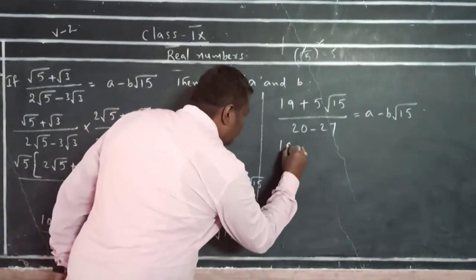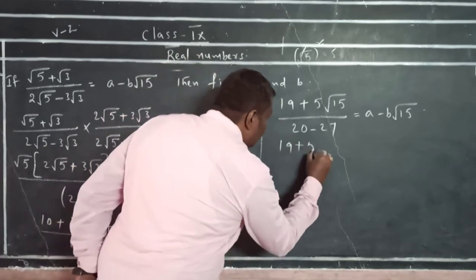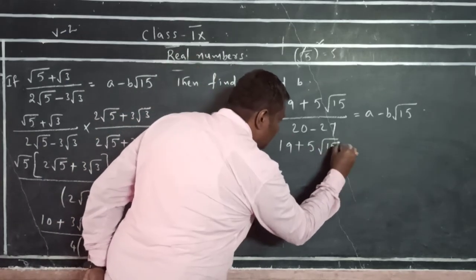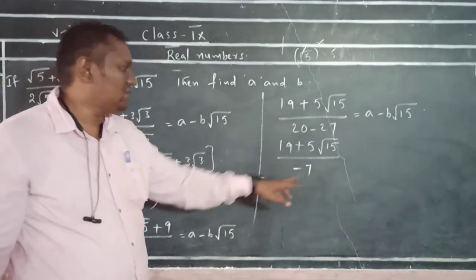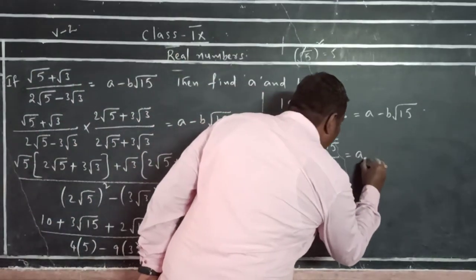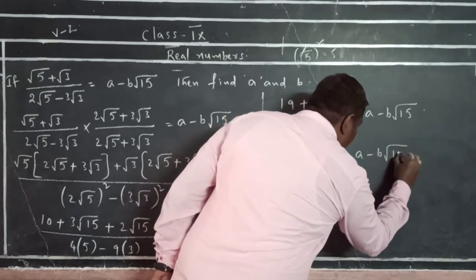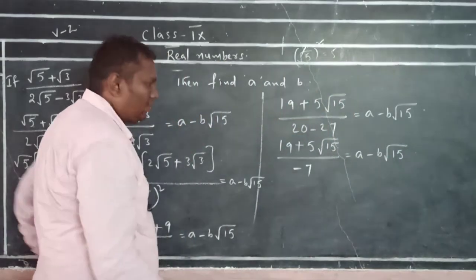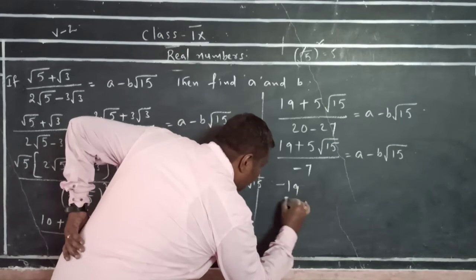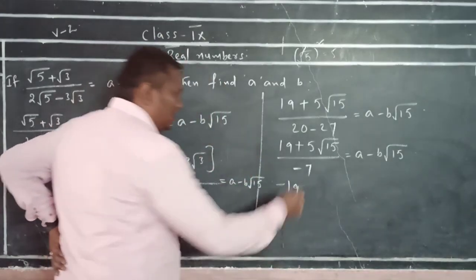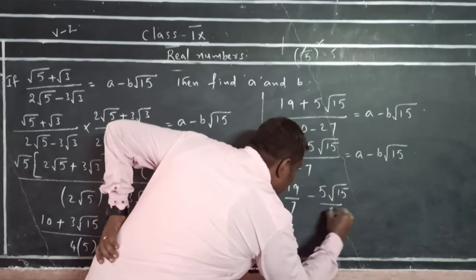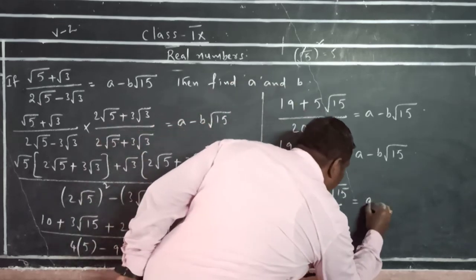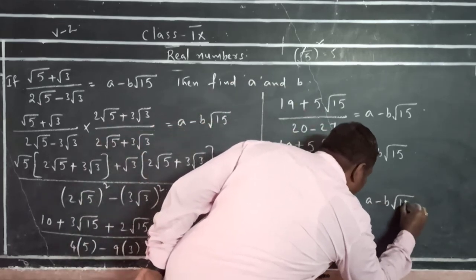Here 19 plus 5 root 15 by minus 7. 20 minus 27 is minus 7, equal to a minus b root 15. Okay, minus 19 by 7, here minus 5 root 15 by 7 is equal to a minus b root 15.